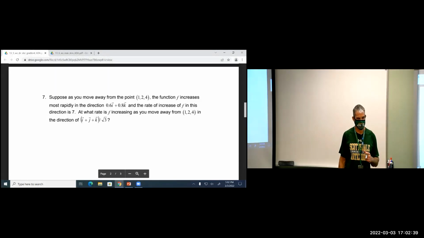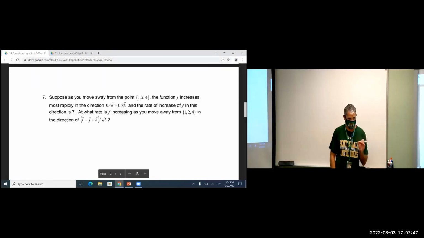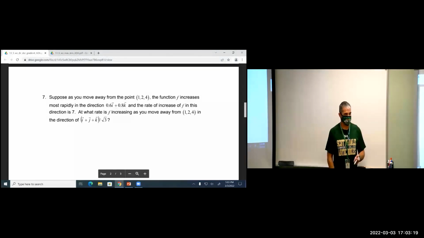There are infinitely many vectors. It's perpendicular to a very specific one. It's in a direction that's perpendicular to a contour line, or we could say to a tangent vector to a contour line. It points in the direction of maximum rate of change, and its magnitude is the maximum rate of change.